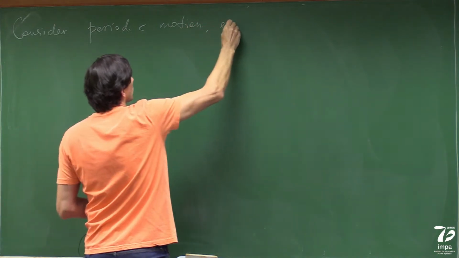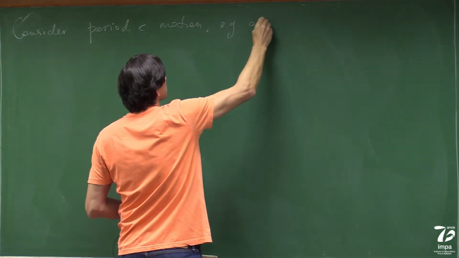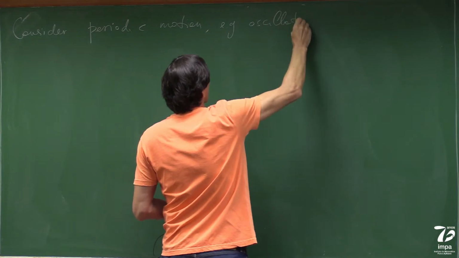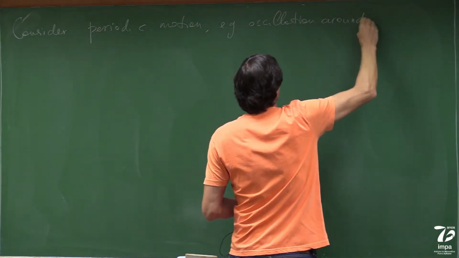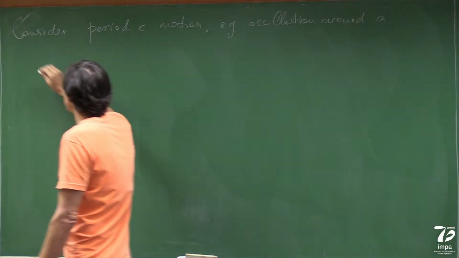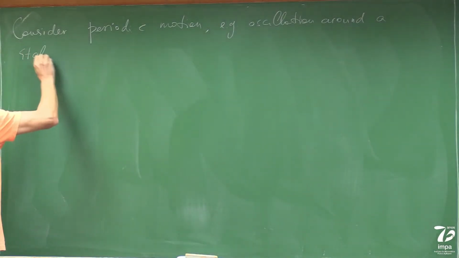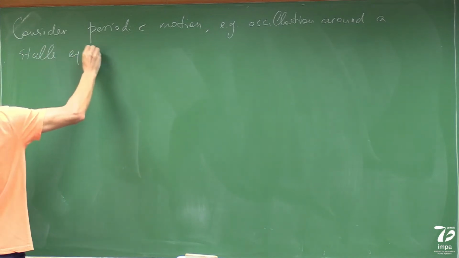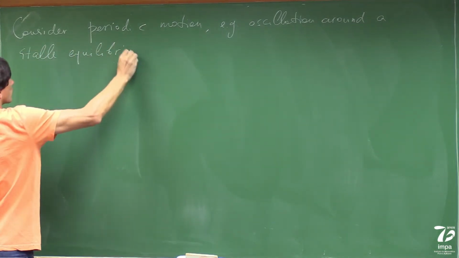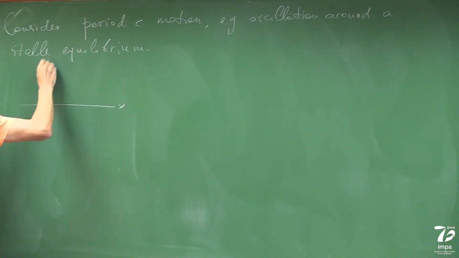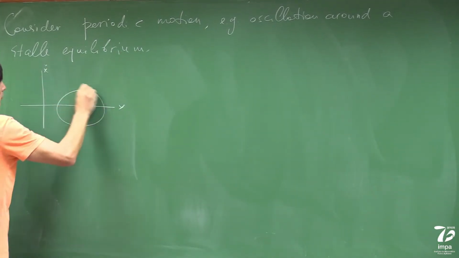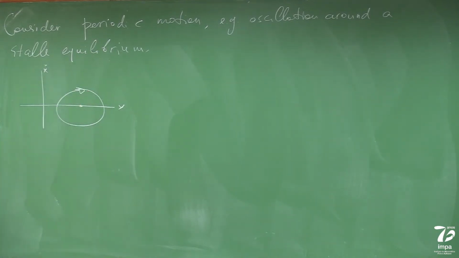So for example, oscillation around a stable equilibrium. Let's consider any motion which is stable.